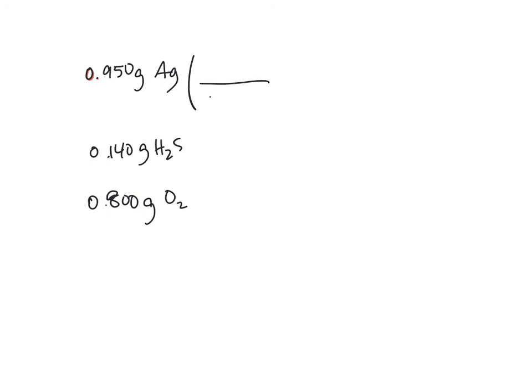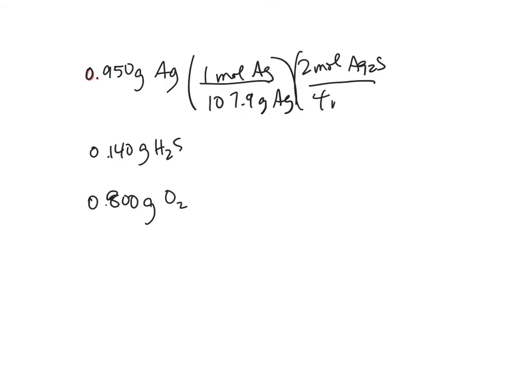The molar mass of silver, 107.9 grams of silver per mole of silver. Then you have 2-to-4 ratio from the coefficients, 2 moles of silver sulfide for every 4 moles of silver.